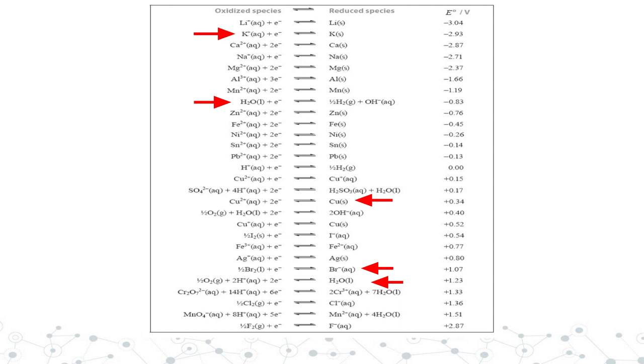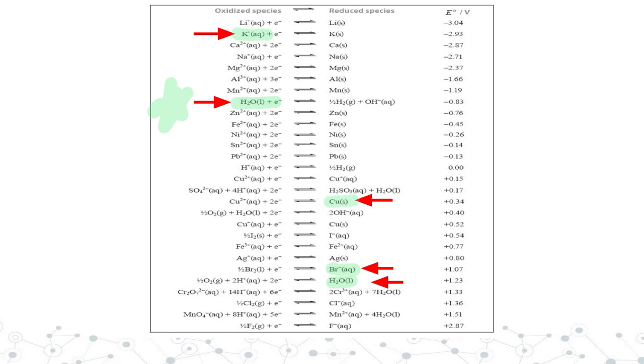Looking at our table, if we look on the oxidizing agent side, we got our water here and our potassium ions here. So our water is still our strongest oxidizing agent, so it will undergo reduction. And then if we look on the other side, our bromide and water are there, and our copper solid is right here.